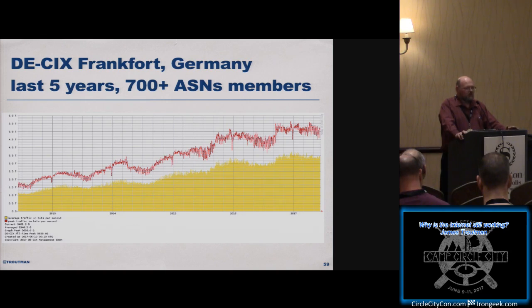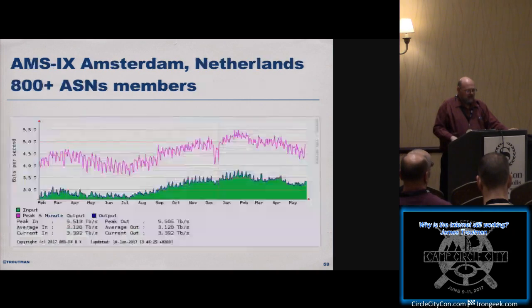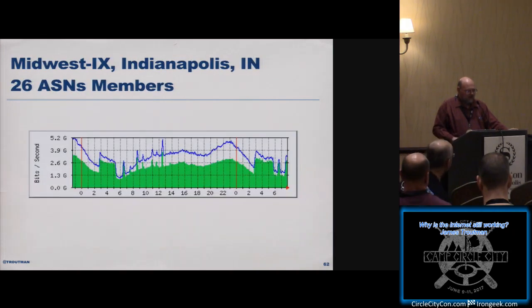There certainly are seasonal variations in traffic. But if you look at a one-day graph, like this right here, which is all they made available at Midwest IX, obviously at 2 a.m. and 4 a.m. there's lower traffic because most rational people are asleep.